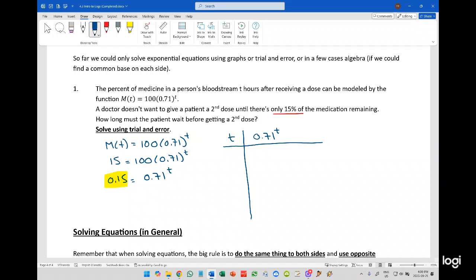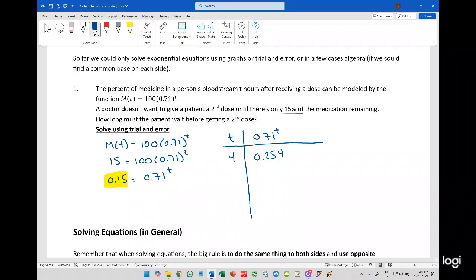It doesn't look like it'll take that long if it's dropping off at 29%, basically 2/3 of the amount every hour. I'm just going to throw out a guess of 4 and see how close I am, just because I know a lot of medications wear off after about 4 hours. So 0.71 to the exponent 4 is 0.254.